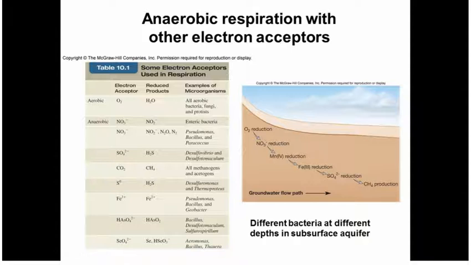So generally what bacteria will do is they will use the best electron acceptor first, which is going to be oxygen. Then when oxygen runs out, use the next best, which will be nitrate. And then apparently manganese 4 is the best, then iron, then sulfate. And then finally, carbon dioxide can be used as an electron acceptor.